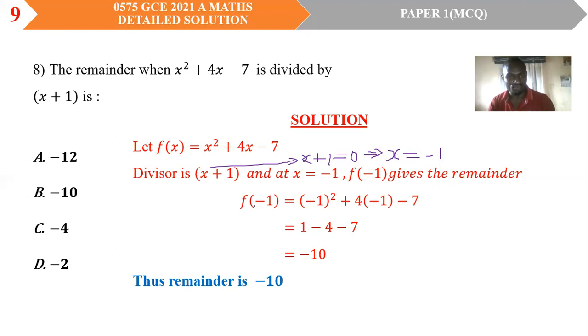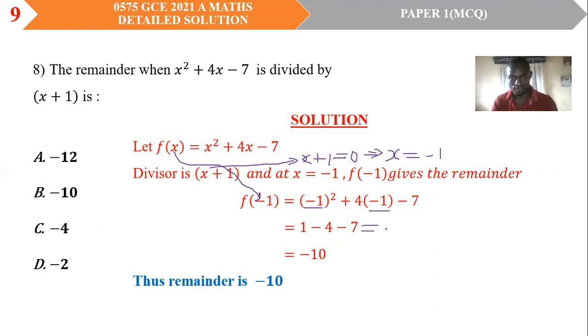What do we now do? We go to f of x and we substitute x equal -1. We are going to have -1 squared plus 4 into -1 minus 7. -1 squared gives 1. 4 times -1 gives -4, and minus 7 is maintained. 1 minus 4 gives -3.